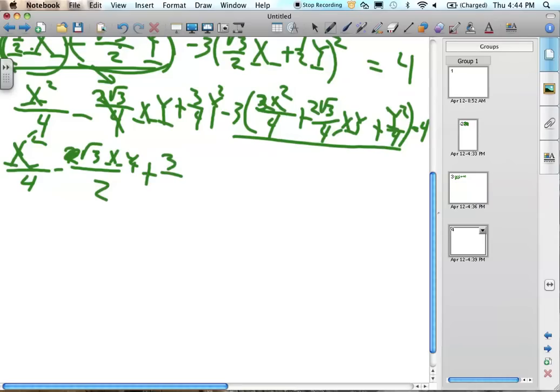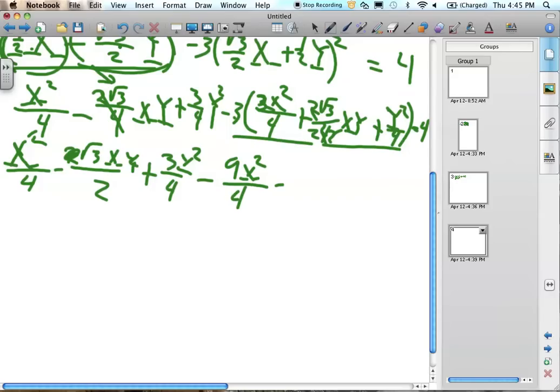Plus 3 y squared minus. Now I multiply everything in here by 3. So this gives me 9 x squared over 4 minus 6 square roots of 3. If I do that, I'm going to simplify this too. It's going to make things a little bit easier.